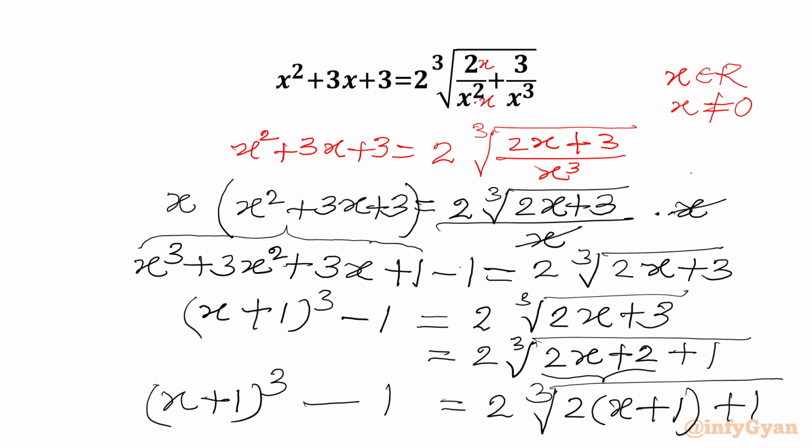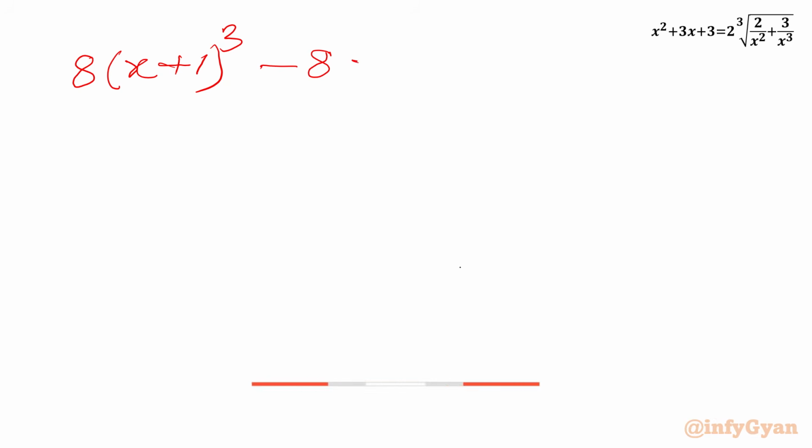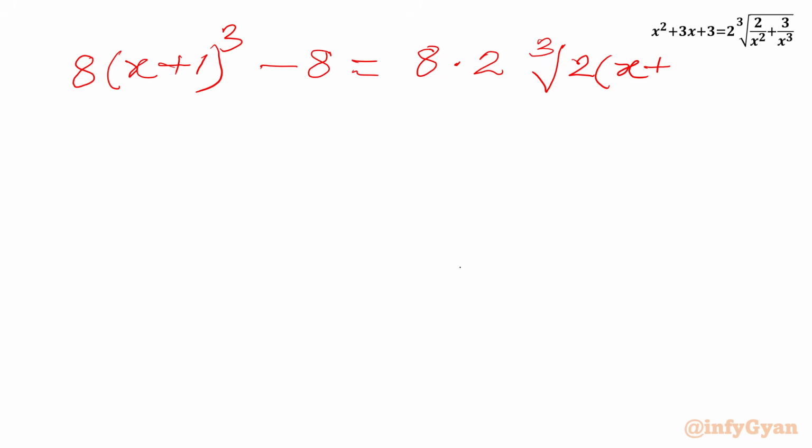In RHS we have 2 times x plus 1, but in LHS we have x plus 1 only. So I will multiply whole equation by 8. So I will write 8 times x plus 1 whole cube minus 1 times 8 is minus 8 equal to 8 times 2 cube root of 2 times x plus 1 plus 1.